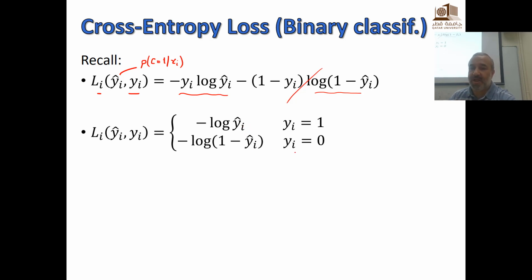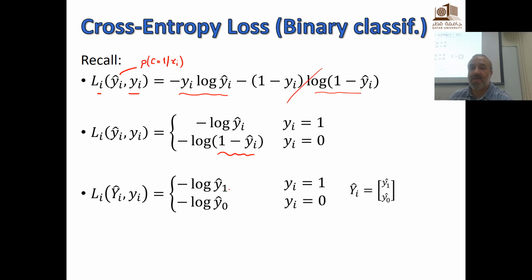Same here. If the true label is 0, then the loss will be minus log 1 minus y hat. 1 minus y hat is the probability that the class is 0. So in case the actual class is 1, it's minus log the probability that the class is 1. In case the true class is 0, it's minus log the probability that the class is 0. So we can express it in a different way.